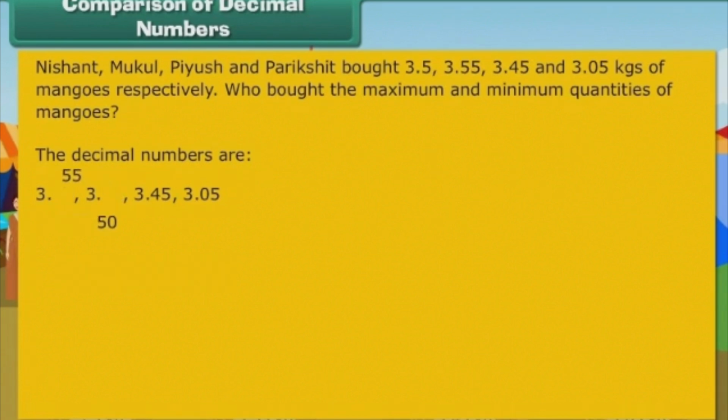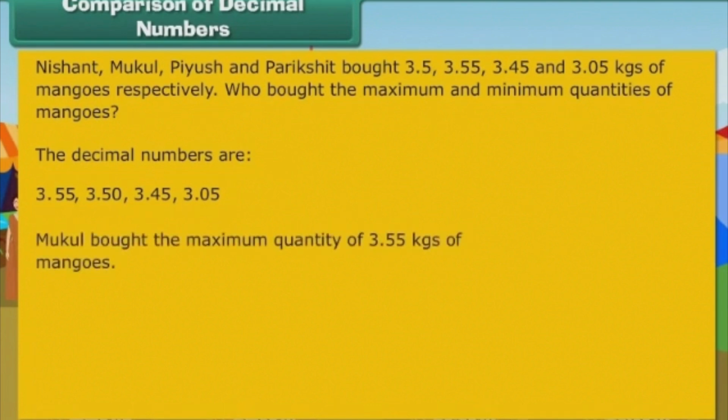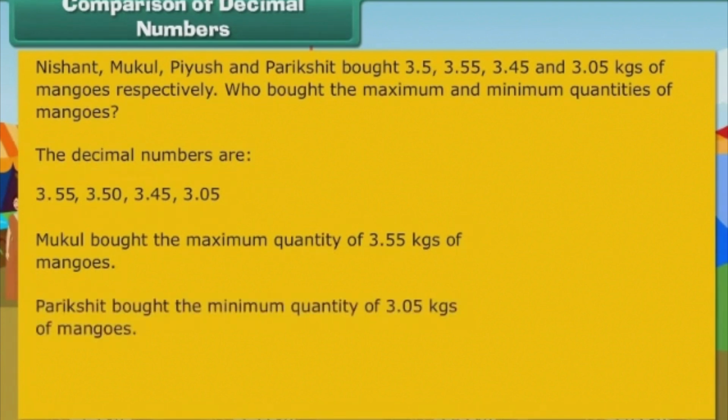Therefore, the quantities in the descending order are 3.55, 3.50, 3.45, 3.05. It means Mukul bought the maximum quantity of 3.55 kgs of mangoes. Parikshit bought the minimum quantity of 3.05 kgs of mangoes.